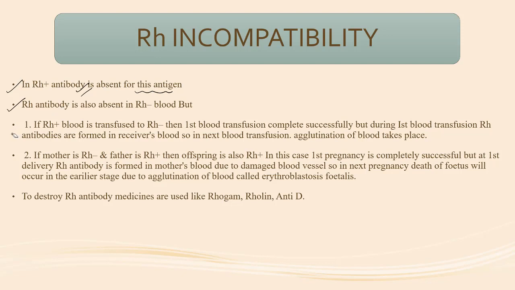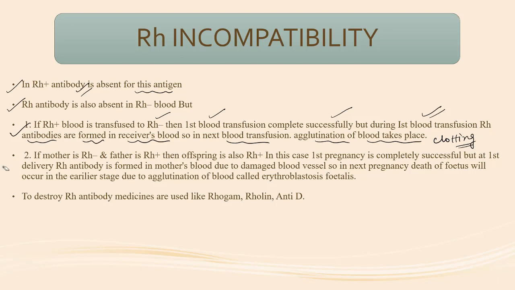But if Rh positive blood is transfused to an Rh negative person, then the first blood transfusion completes successfully. But during the first transfusion, Rh antibodies are formed in the receiver's blood. So the Rh negative person develops an antibody which was not present before. In the next blood transfusion, agglutination of blood takes place. Agglutination means clotting.